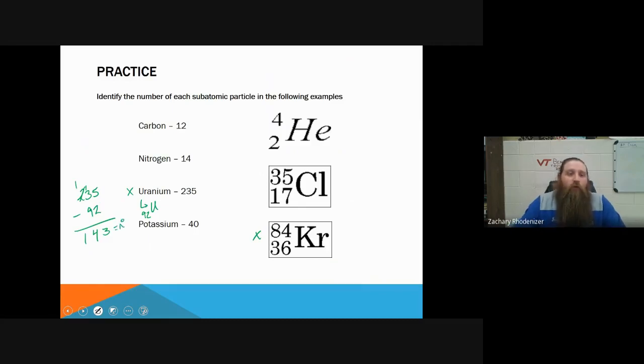So if I wanted to determine the number of each subatomic particle in uranium-235, this is the answer I need to give: P plus equals 92, N0 equals 143. And since it's an element, since it's neutral, electrons must equal 92 as well.